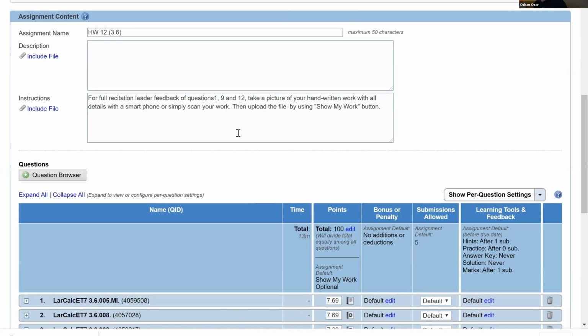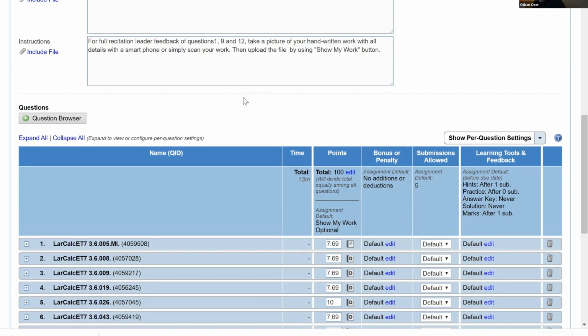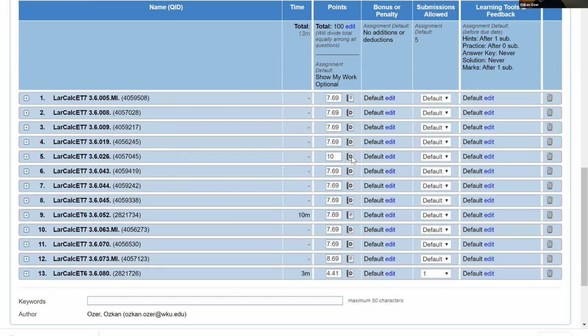You will see, when you click on the 3.6 homework in WebAssign, it says you're going to upload the solutions for number 1, number 9, and number 12. You can do it by simply taking a picture of your work and uploading it to the system as a PDF or JPEG file, which is okay. And I made those optional, as you see. So the upload feature is optional for those questions.